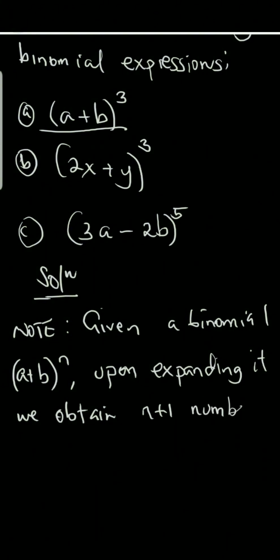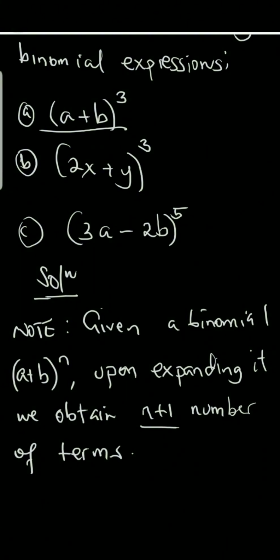Meaning that if the binomial has a power of 5, when we expand it, you're only going to get 6 terms. So it only increases by 1 depending on the power that is there. So this is what we have.